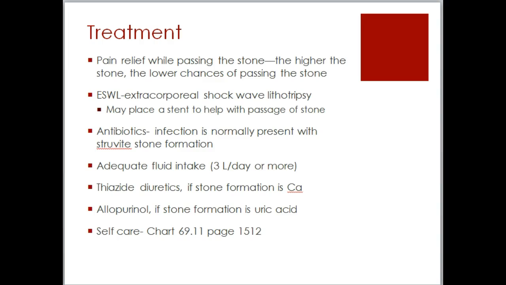And then the waves are applied to the area, and then we're going to make sure that that stone is broken up, and we're going to ask the client to strain the urine. During this time, they may add a stent into the ureter prior so they can make sure that the ureters are open big enough to pass it.